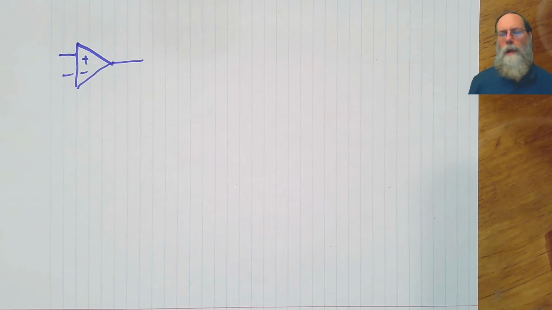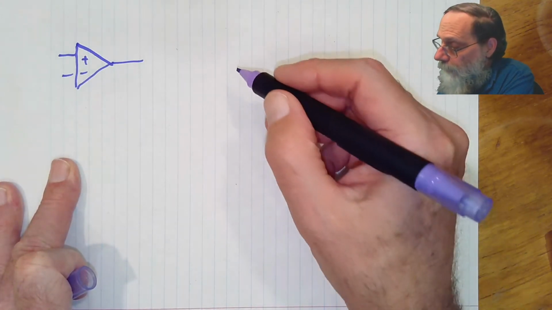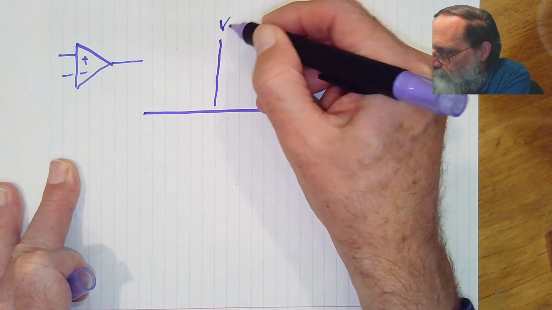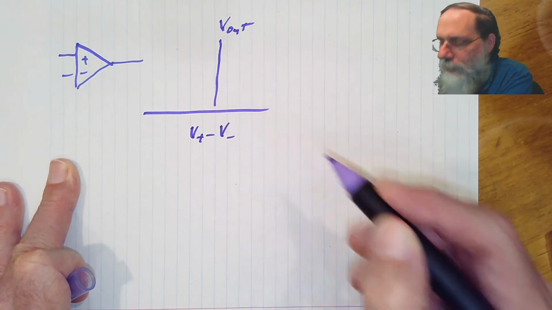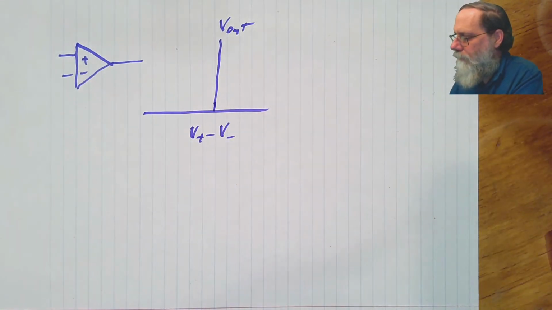The op-amps are used in feedback circuits and are designed to be always linear in the output, so the output is proportional to the difference between the inputs. The comparator is used without feedback. If we look at the output voltage versus the differential input voltage, we get a different curve.